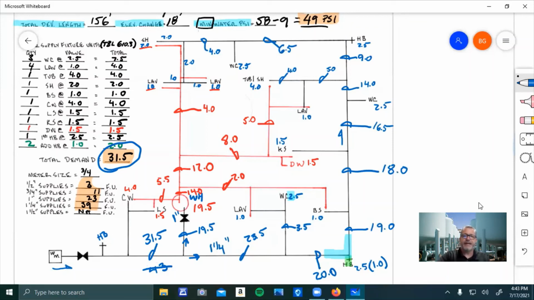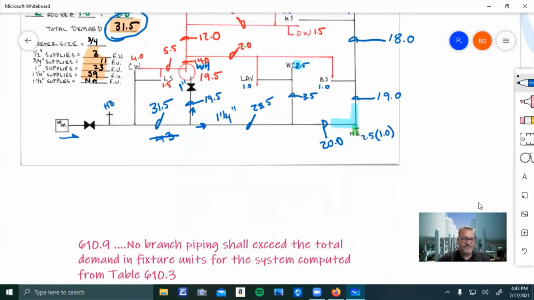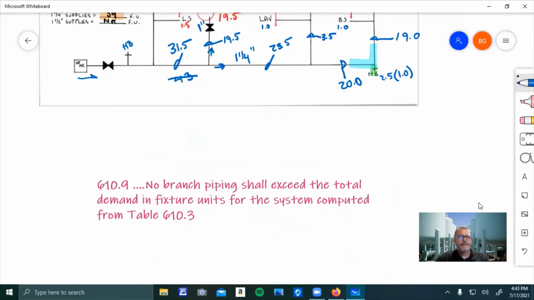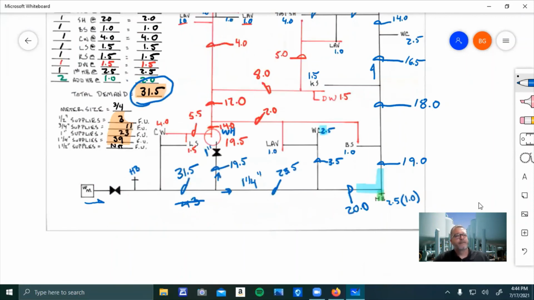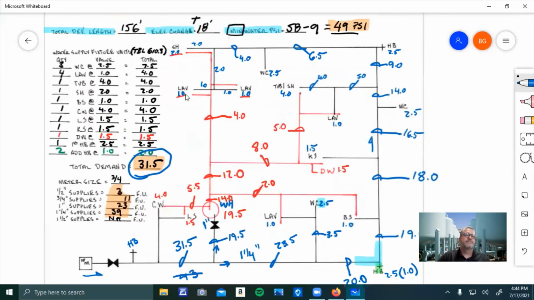And that is explained right here in section 610.9. No branch piping shall exceed the total demand in fixture units for the system which was computed from table 610.3. So the entire system was computed and calculated based on what we had fixture-wise, not piping, fixtures.